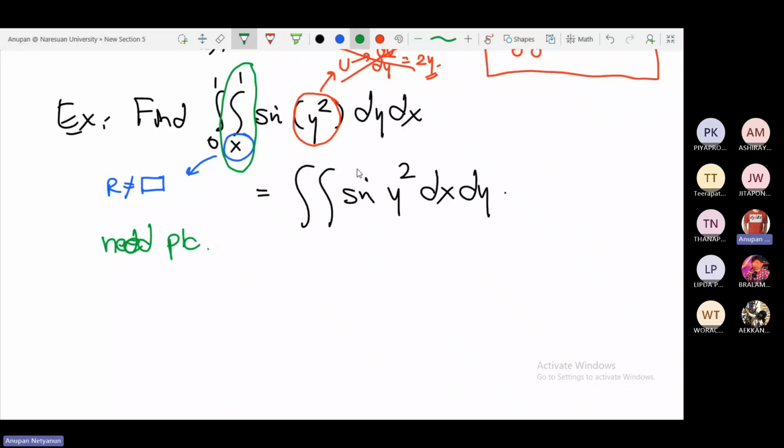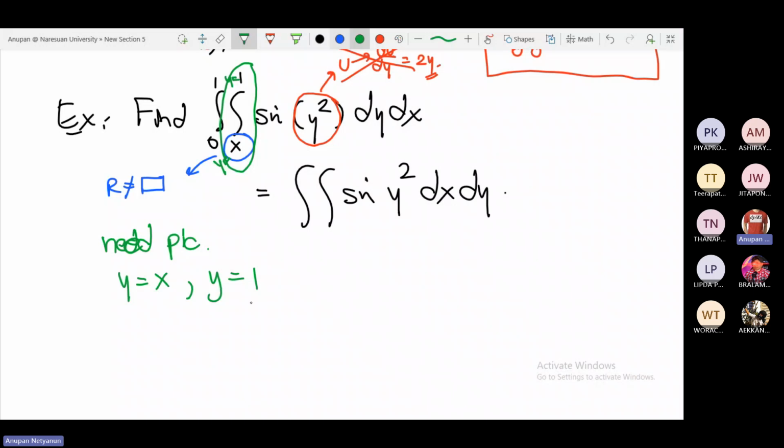You can see that you do the integration with respect to y first, right? Then this is going to be the running number for y. So this is y equal to x running to y equal to 1. Okay, so that means I have y equal to x and y equal to 1.